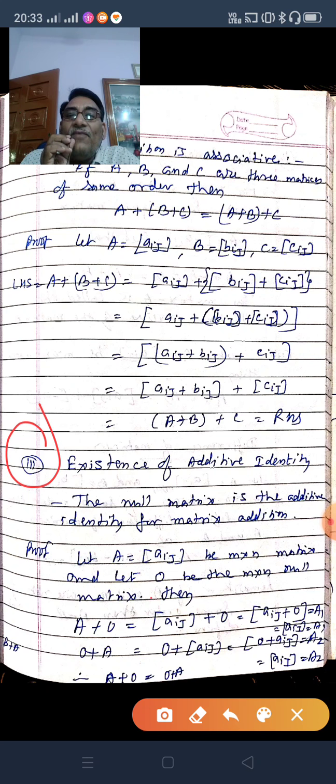Proof: if A is a matrix Aij of M cross N order, and let O be the M cross N null matrix, then A plus O is equal to Aij plus O, and O plus A is also O plus Aij. So A plus O and O plus A are the same, that is A1 is equal to A2. So this is the existence of additive identity.